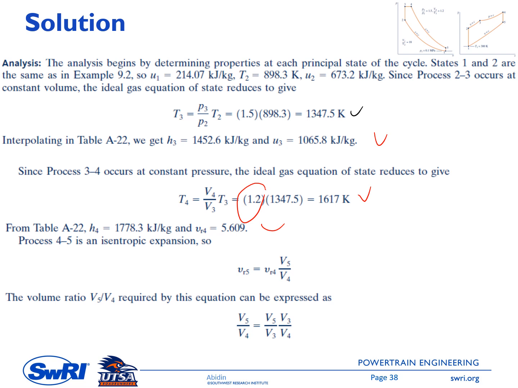Then process 4 to 5 is an expansion process, so it is an isentropic process. You can use this correlation. This is just showing the ratio of the volumes. V5 over V4 equals V5 over V3 times V3 over V4, where V5 over V3 is the compression ratio, and V3 over V4 is given.